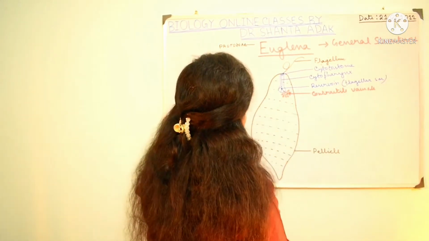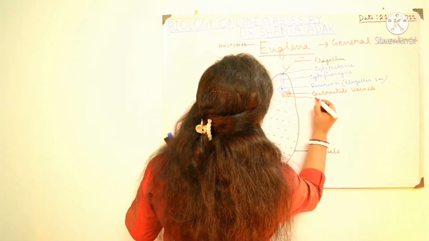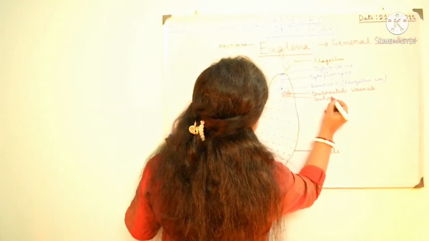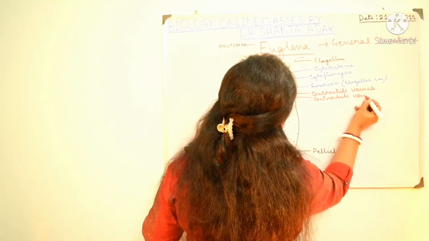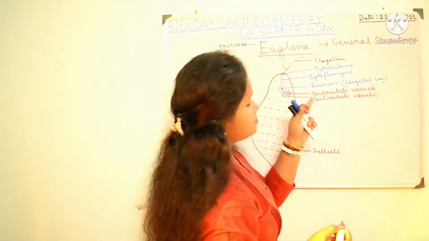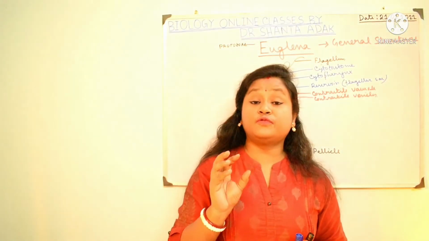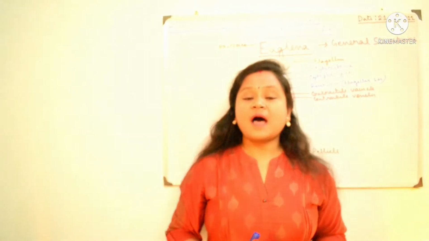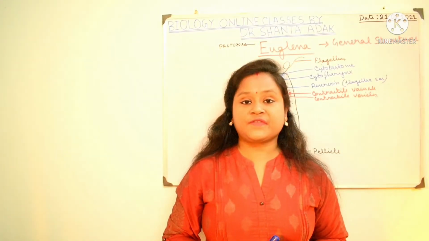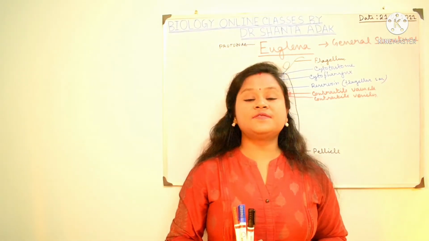Those vesicles fuse to form large vacuoles, which discharge excess water and some metabolic wastes to the reservoir, from which it is discharged outside.